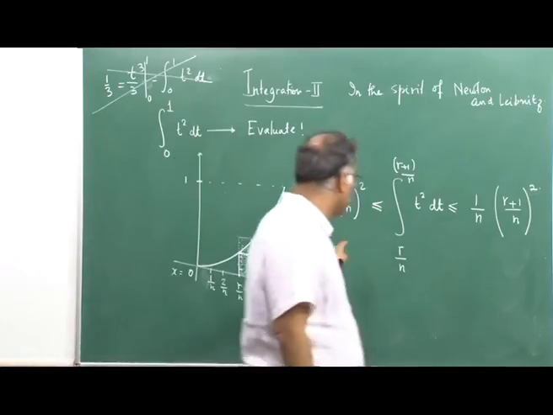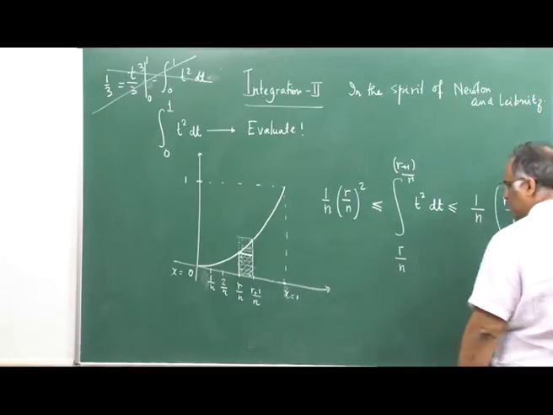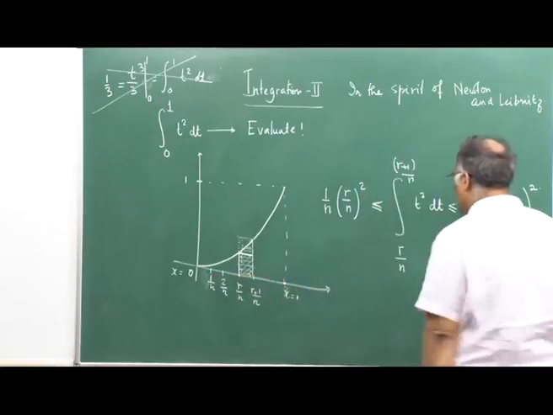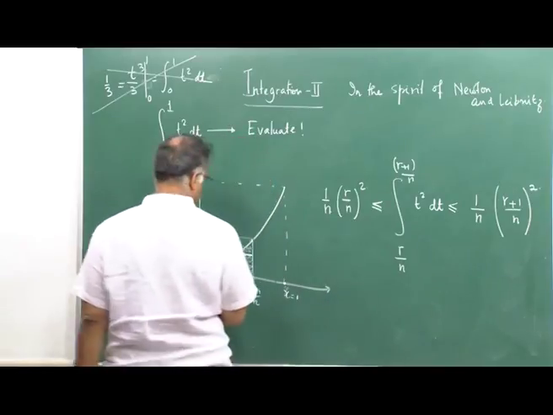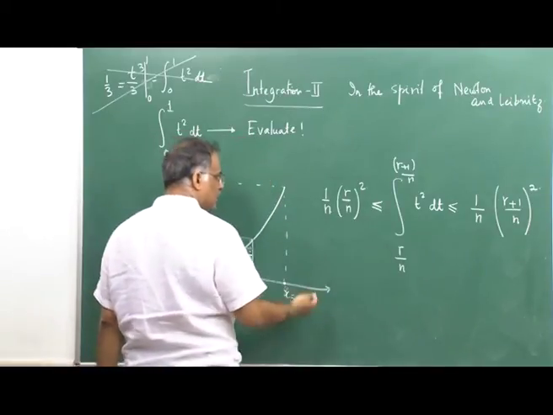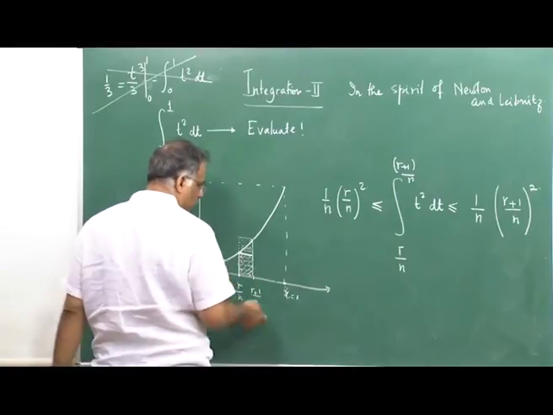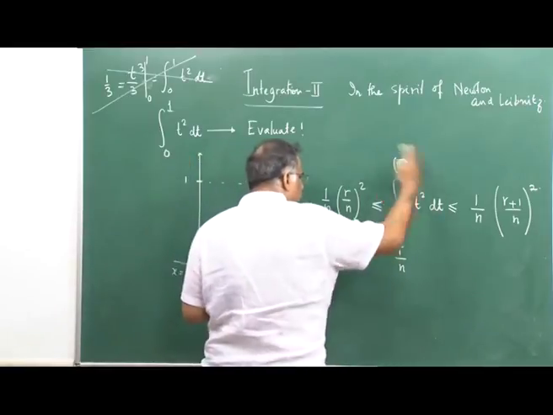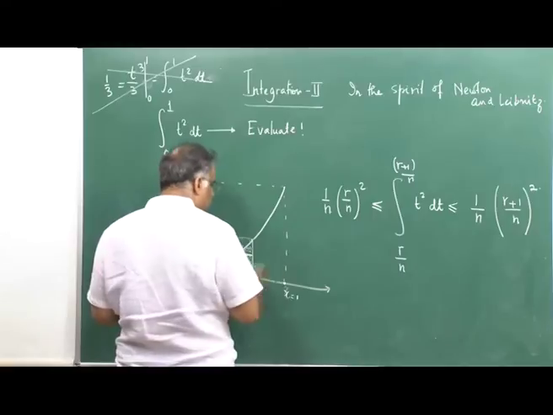So, if I now sum this where r varies from 0 to n minus 1, then if I sum these small parts up, they will give me the whole curve from 0 to 1.